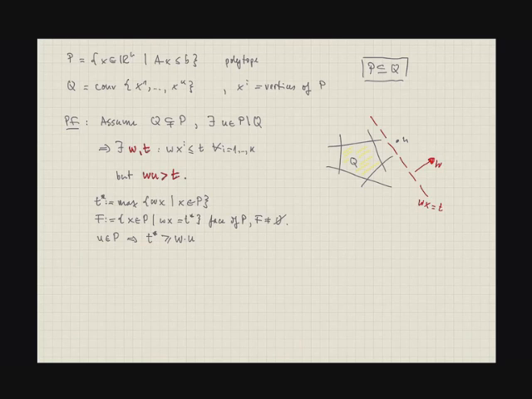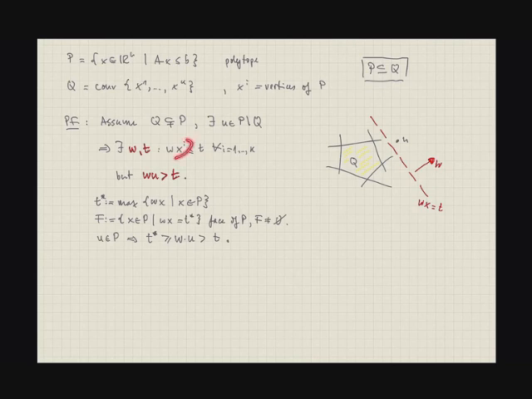But now we know that W times U is strictly larger than T. We also know that for all the vertices from the polytope, we have a smaller or equal value.